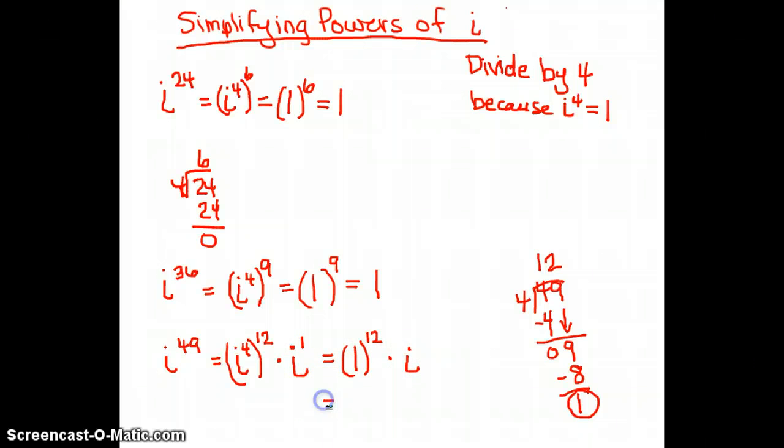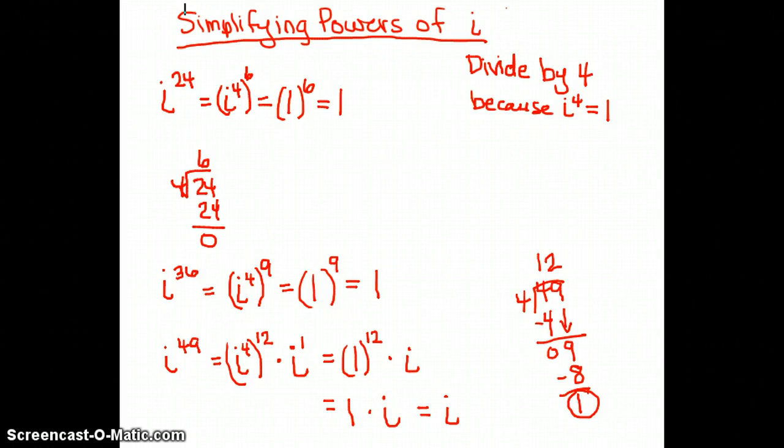Well, now this is just 1 times i. And 1 times i is just i. So by dividing by 4, you're figuring out how many times 4 goes into that problem, but then you're also figuring out the remainder. And the remainder is how many i's do I have left at the end.